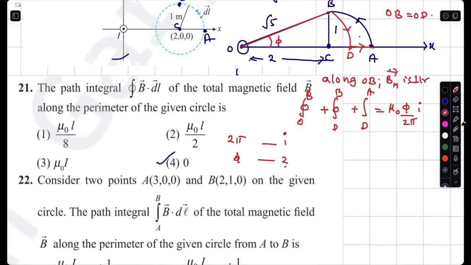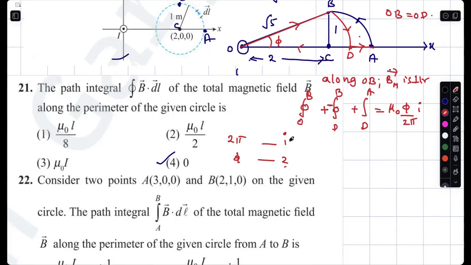But the problem is you traversed that in a clockwise sense. This is an outward current carrying conductor. So therefore, you will get this term as minus.